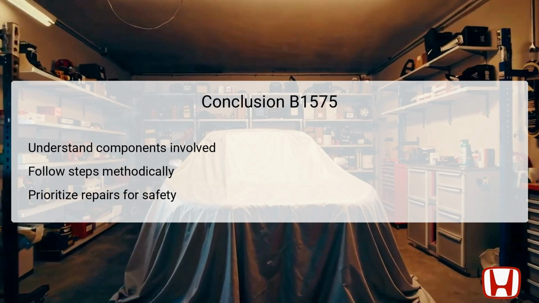Every step from clearing diagnostic trouble codes to verifying repairs is crucial for ensuring the automatic lighting system operates correctly. Prioritizing these repairs not only helps in restoring functionality, but also enhances driver safety during varied lighting conditions. By adhering to recommended maintenance practices, vehicle owners can reduce the likelihood of encountering similar issues in the future, providing peace of mind on the road.